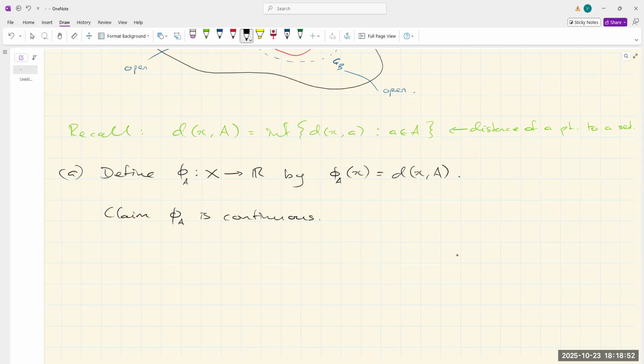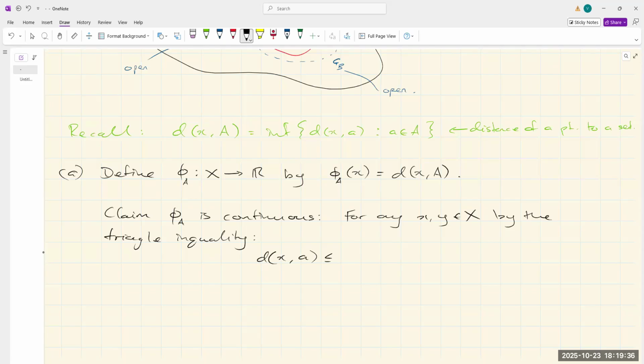So we could, for example, say for any two points x and y in a metric space X, by the triangle inequality, the distance from x to a point a, so this point a will be in the set A. So I'm just applying the triangle inequality.